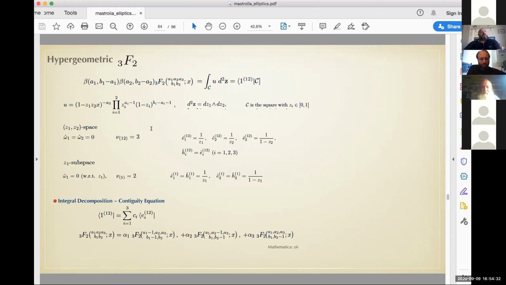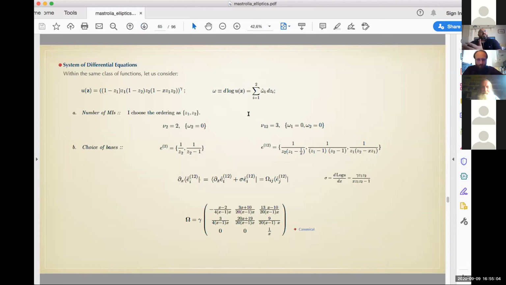The 3F2 has three independent master integrals, which correspond to the number of solutions of this system of equations, whereas the internal solution has two master integrals, which we have chosen to have this form, and one can use this form to derive, for instance, contiguity relations for the 3F2 or even the system of equations they obey. Here, for instance, there is the derivation of the system of equations. Again, one could easily obtain canonical systems.